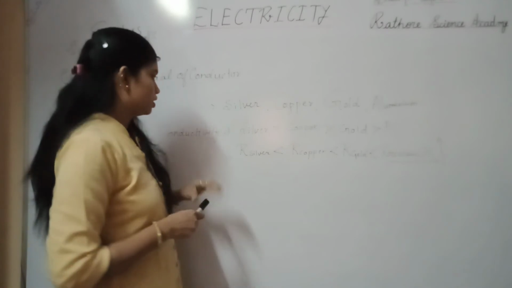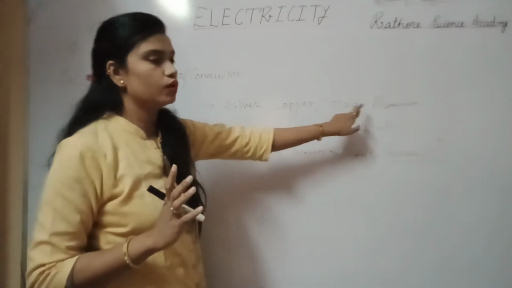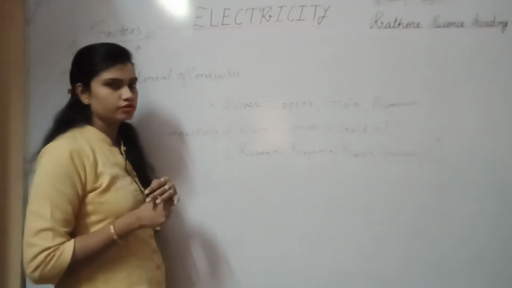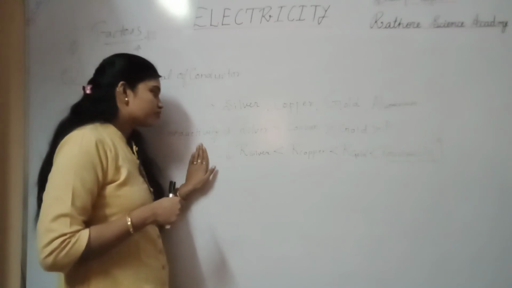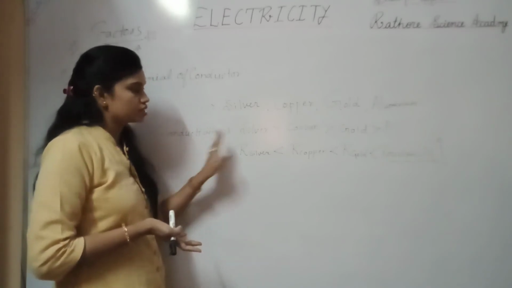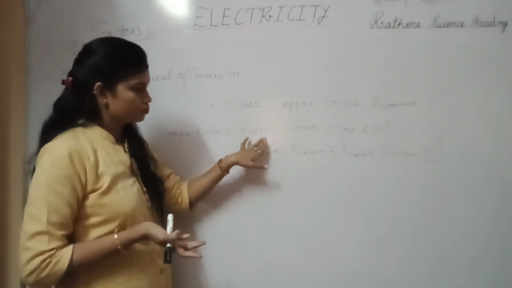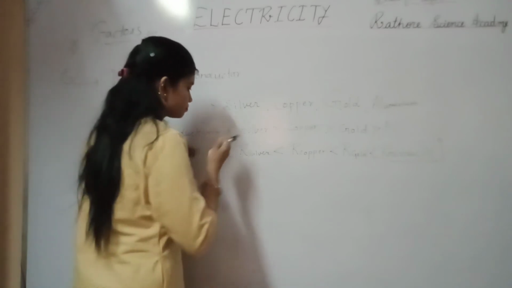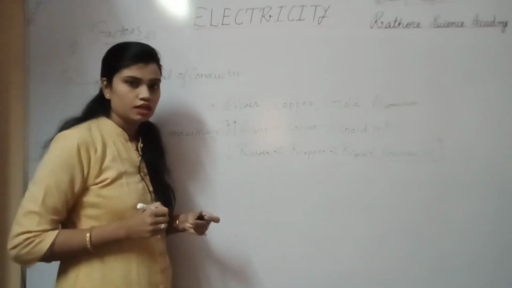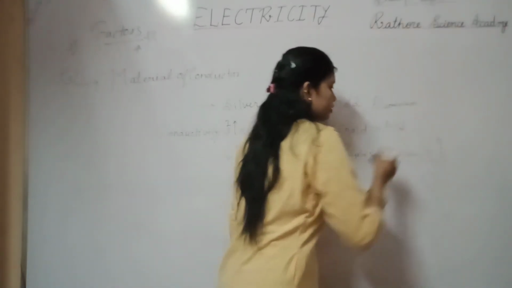Aluminium has high resistance and silver has very low resistance. Understood? If we take four conductors like silver, copper, gold and aluminium, what will be the effect of material on resistance? Silver is a very good conductor of electricity, so it has very high current carrying capacity, and aluminium has very low current carrying capacity.